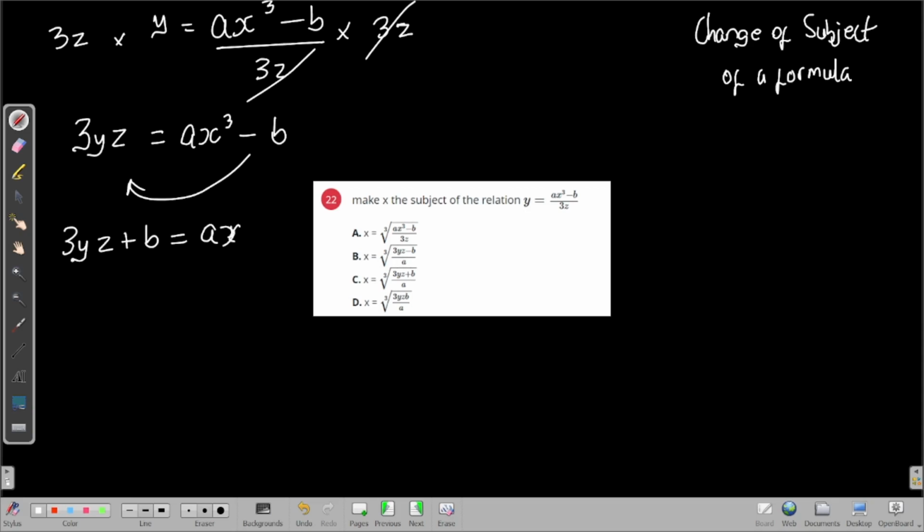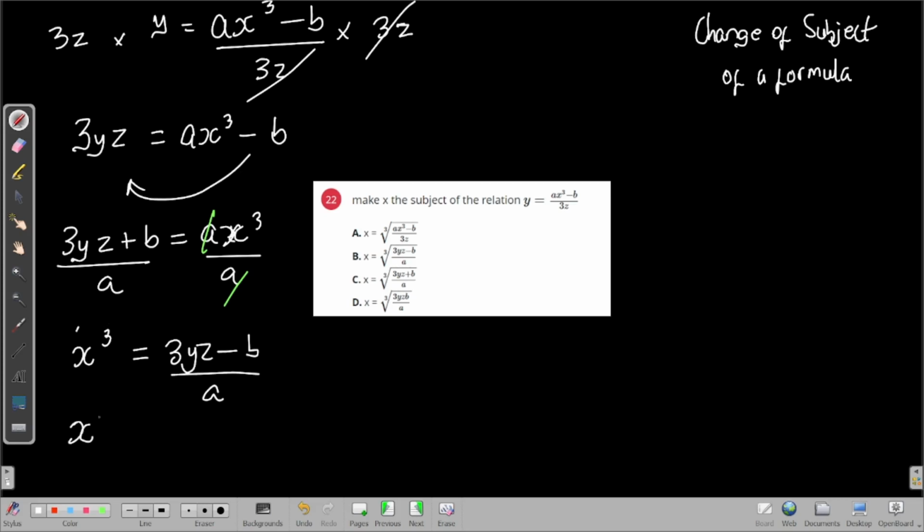Okay, let's get rid of that a. Divide both sides by a. So a cancels a. So we have x cubed is equal to (3yz minus b) over a. And then to get rid of that cube, you find the cube root of both sides.